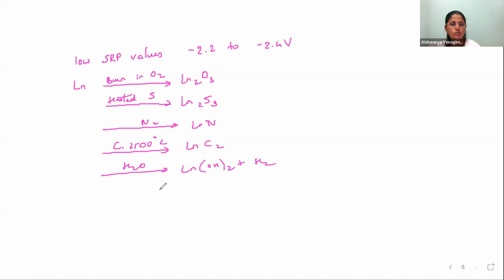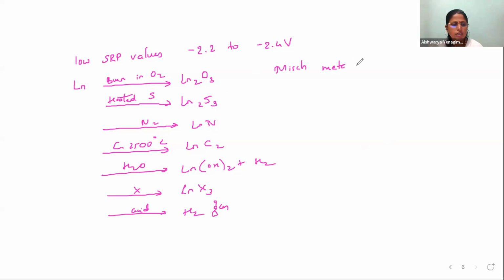With halogens, usually represented as X, it forms LnX3, halides. With acids, typically hydrogen gas is released. So this is the chemical reactivity of lanthanides in general. So what are the uses and applications of these lanthanides? These lanthanides are used in the form of alloys, like mish metal.